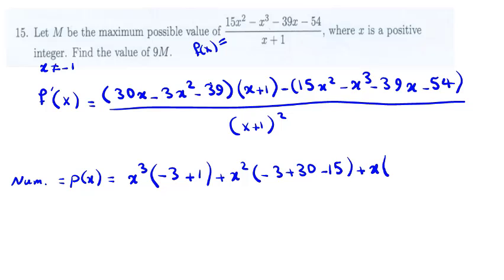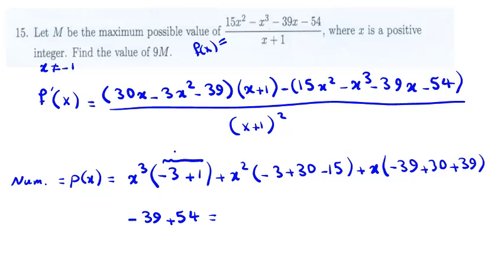Then for x, it will be -39 plus 30 plus 39. And the constant, negative, negative, positive 54.